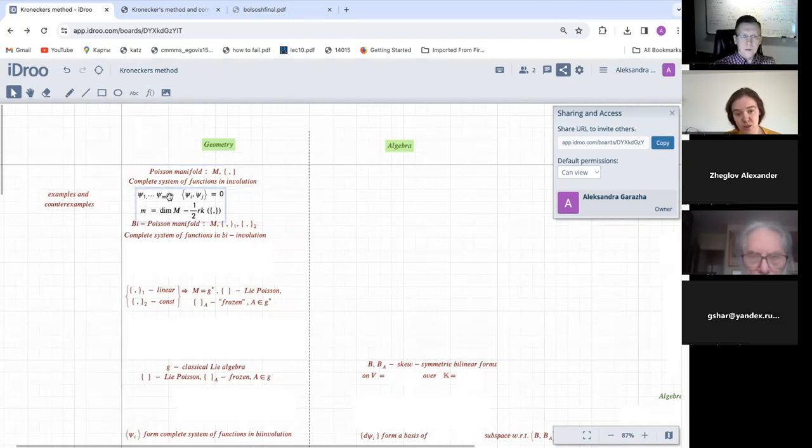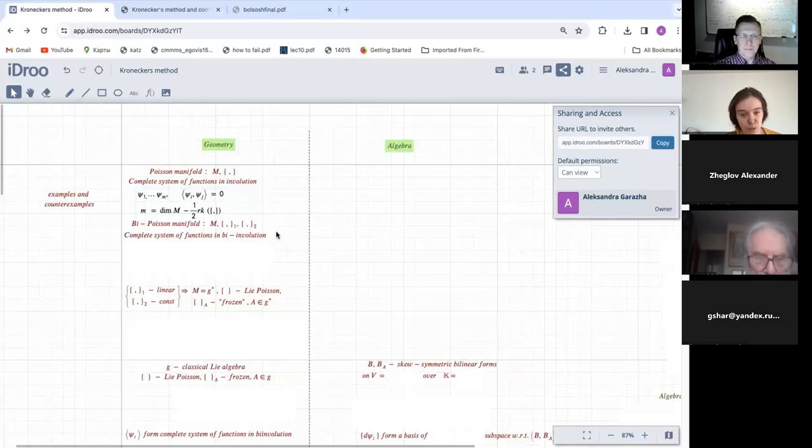Involution means that any two of them give 0 when we take the Poisson bracket, and completeness means that there are a lot of them. This number of functions is related to the rank of the bracket, which is just the maximal dimension of a symplectic leaf.